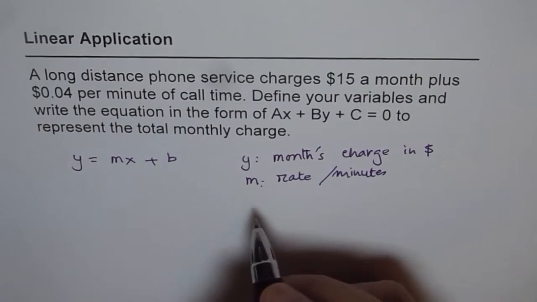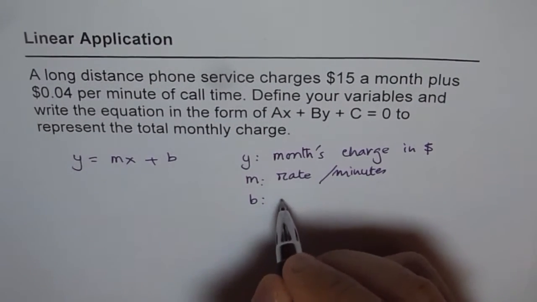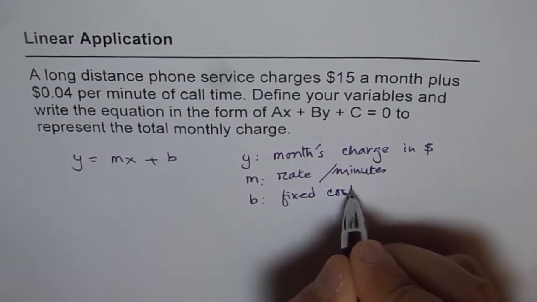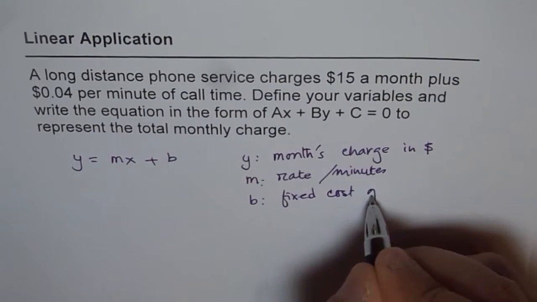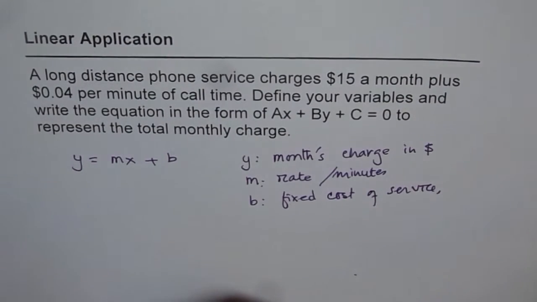So that is m. Now b is basically a fixed charge, fixed cost of service, and that is $15 for us, right?